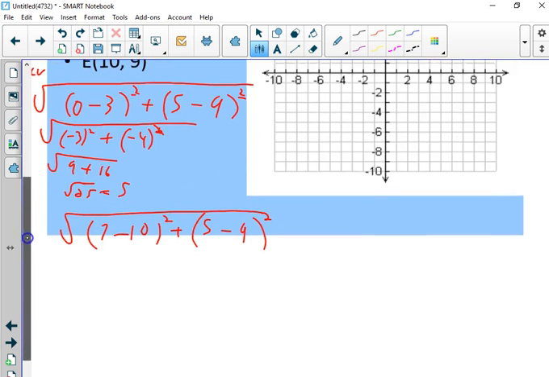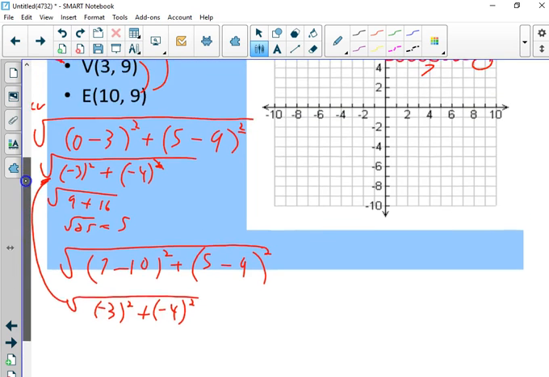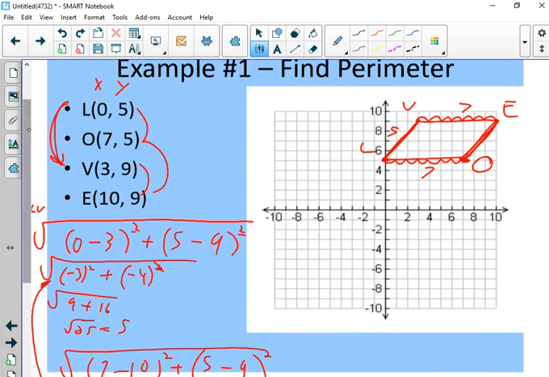I'm going to get negatives again, but it doesn't matter. Negative 3 squared plus negative 4 squared. At this point, you can tell that we have the exact same thing. I don't need you to show the work. You're going to get the same thing, 5.